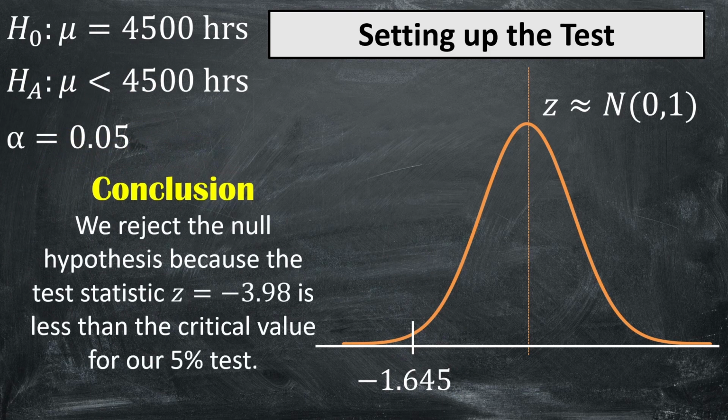So our conclusion: we reject the null hypothesis because the test statistic is less than the critical value for our 5% test. Now, it's often useful to put a number that quantifies the weight of the evidence against the null hypothesis. That number is called a p-value. So here we can approximate the p-value using our Z table.